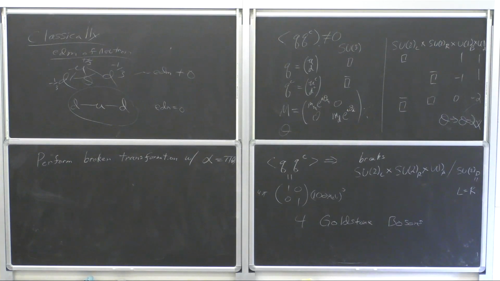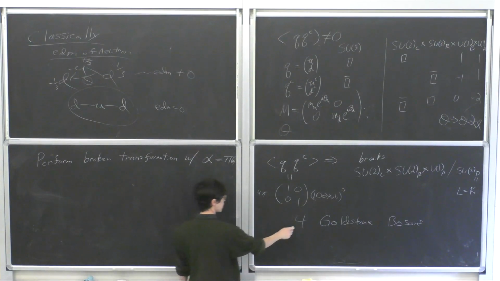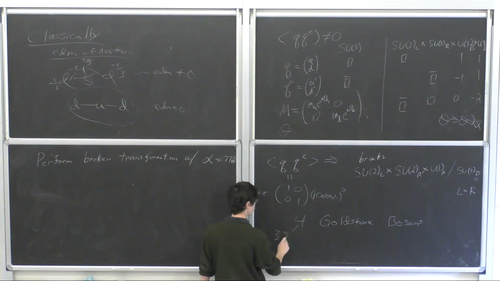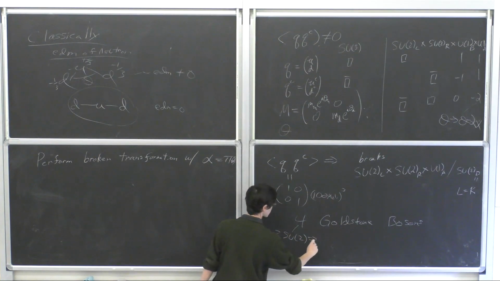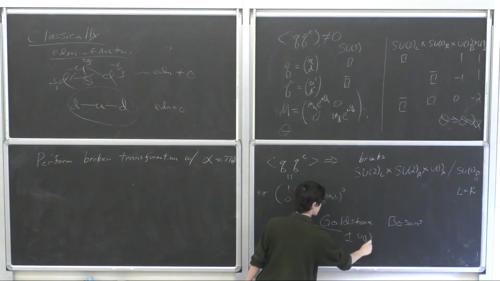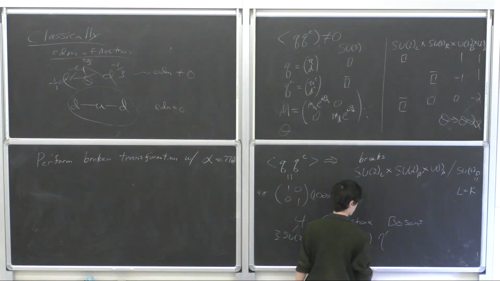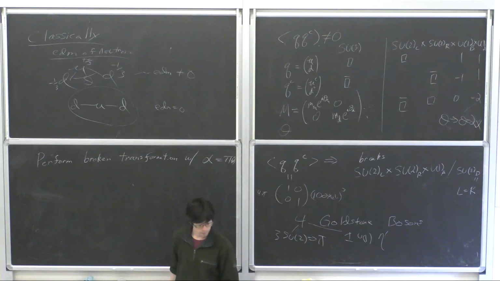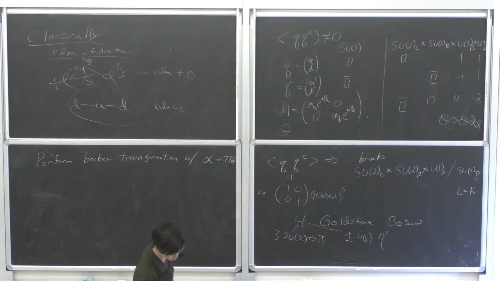Just because it's the 3 from SU2, I'm going to call the pions pi. The 1 from U1A, I'm going to call the eta prime. This is just a notational thing.